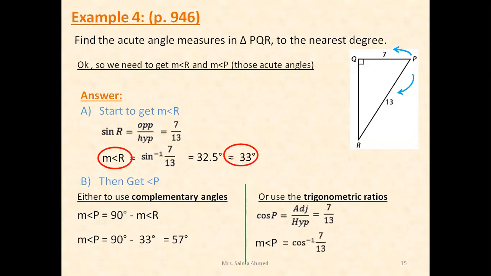So cosine negative 1 of 7 over 13. By using your calculator, you'll find 57.4. To the nearest degree, the 4 will not push the 7 because it's weak. So it will stay as it is, 57 degrees. Here we are, the two answers are the same. So you can get it either by the complementary angles way or by the trigonometric ratio way.